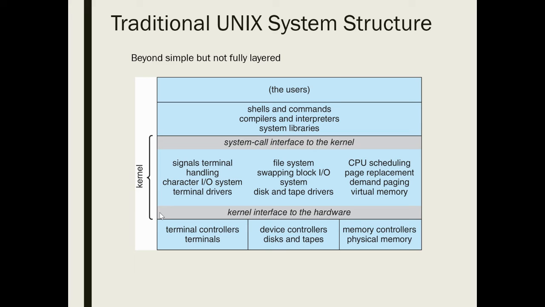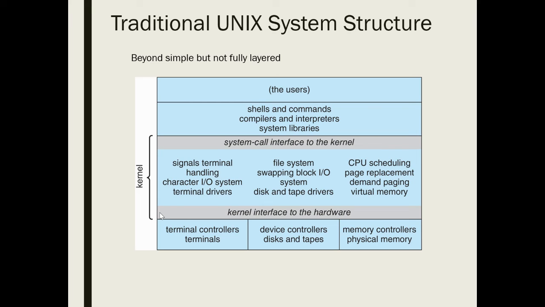At the kernel level, we'll have some interfaces like signals, terminal handling, character I/O systems, file systems, CPU scheduling, paging, virtual memory management, disk management, etc. Above that, we'll have shells and commands, compilers and interpreters, and libraries.